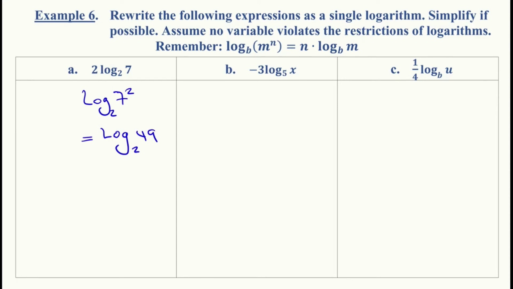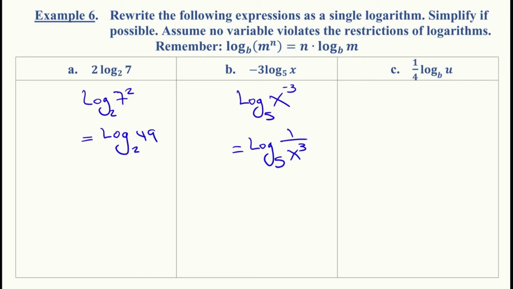The next one, we're going to get log base 5 of x to the -3, which we can of course write as log base 5 of 1 over x cubed, like so.